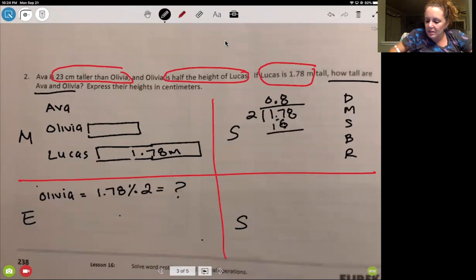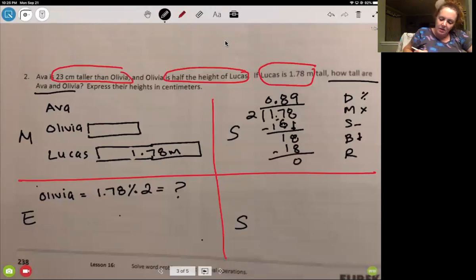I get 16. So I've divided, multiplied, and subtracted. I'm going to bring down my 8. 2 fits into 8 9 times, which is 18, so I have no remainder. So Olivia is 89 hundredths of a meter.